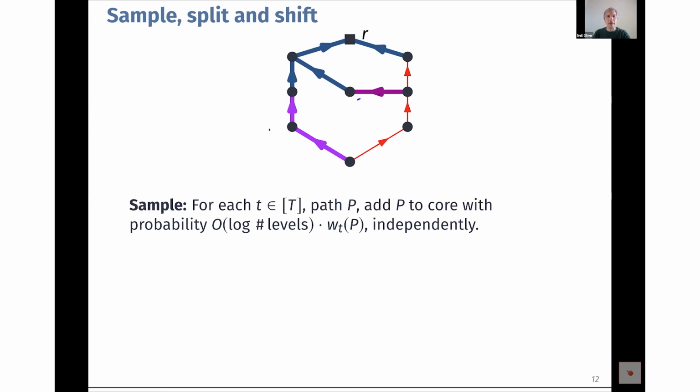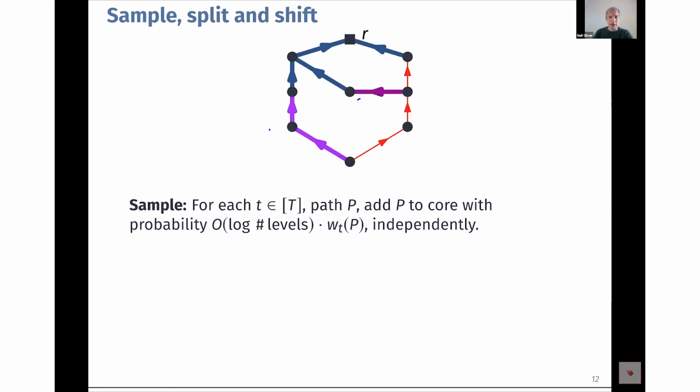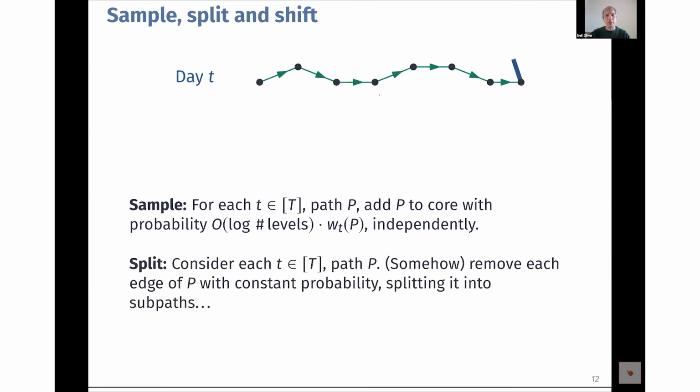So maybe I sample these two paths completely independently. And now I need to find a way of decreasing my fractional solution cost. Now I'm going to look at a single path and a single day t. This is some particular path P. Of course, if I happen to sample this path, then I can just remove it all from my fractional solution. But let's imagine that the weight of this path is very tiny and the probability of sampling it is very small, so that's unlikely to happen. Instead, what we're going to aim to do is delete each edge of the path with some constant probability.